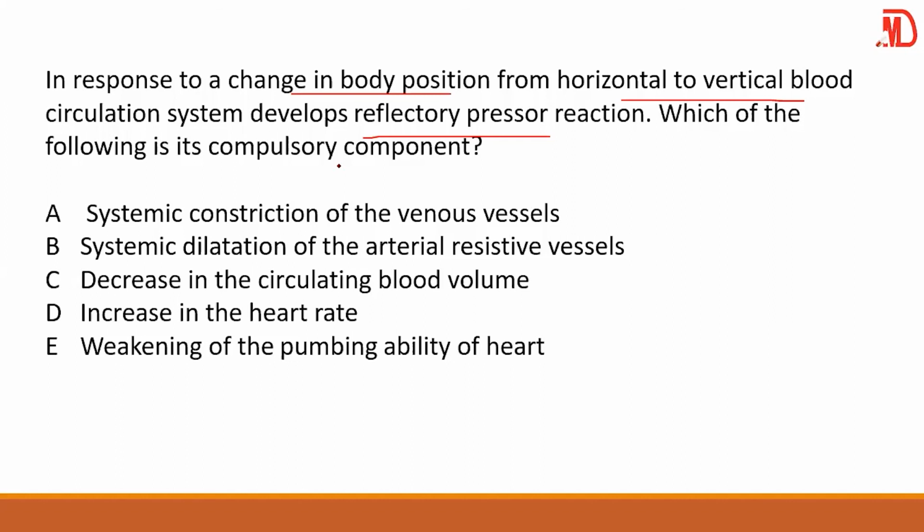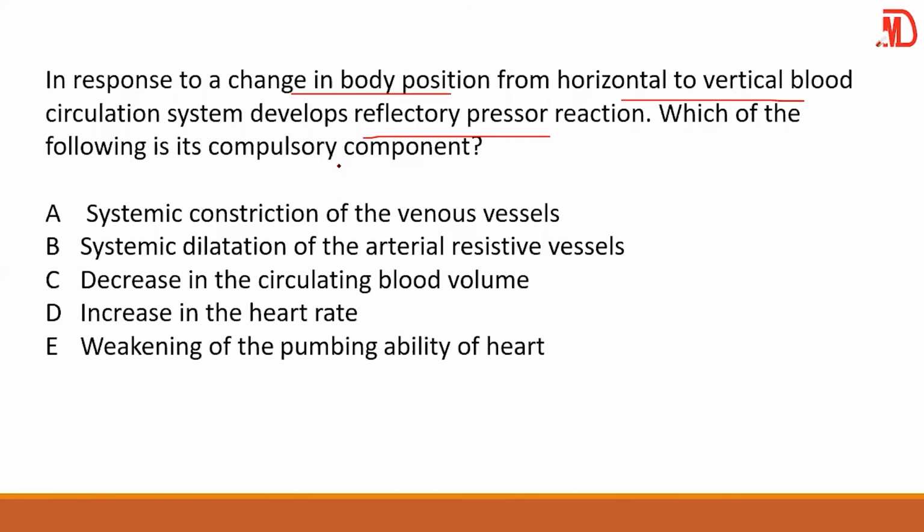Instead of going to the heart, they are all coming down because of the sudden rise from the horizontal position to the vertical position. And this phenomenon leads to low cardiac output, which would also lead to low blood supply to the brain, which can cause fainting. So therefore, there is what we call a reflex vasoconstriction in order to increase venous return to the heart in the absence of any pathology.